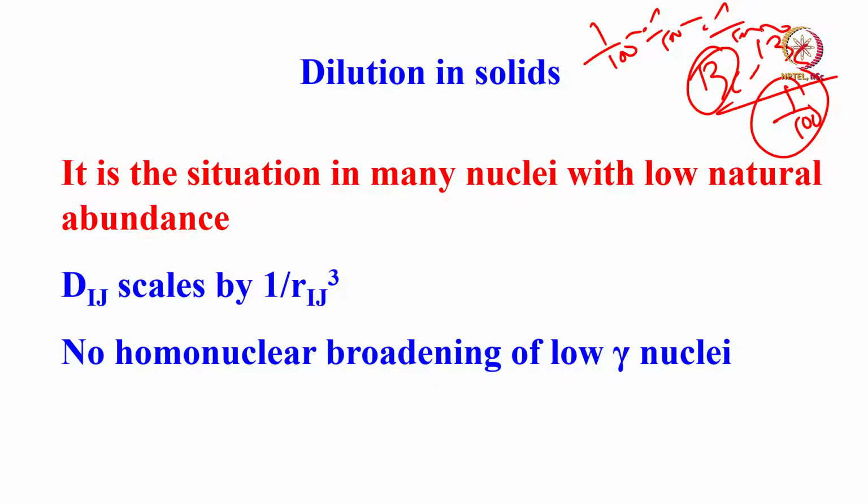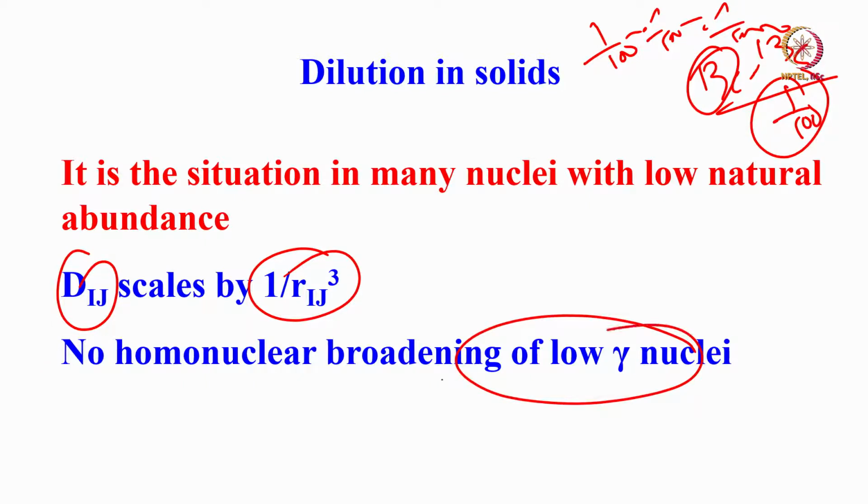So Dij scales as the inverse of Rij cube. So the larger the Rij, the smaller Dij becomes. Now if I consider homonuclear coupled spins of low gamma nuclei like nitrogen 15 or carbon 13, the abundance is so small, what is the probability of seeing them together?